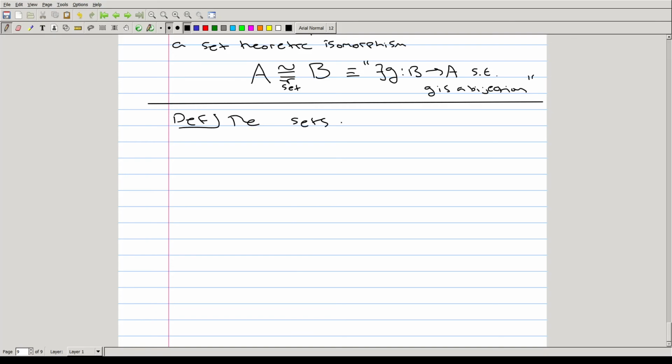The sets A and B have the same cardinality if and only if there is a one-to-one correspondence, or there is a bijection from A to B.